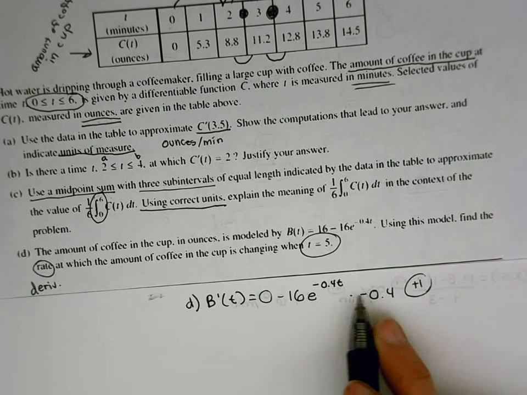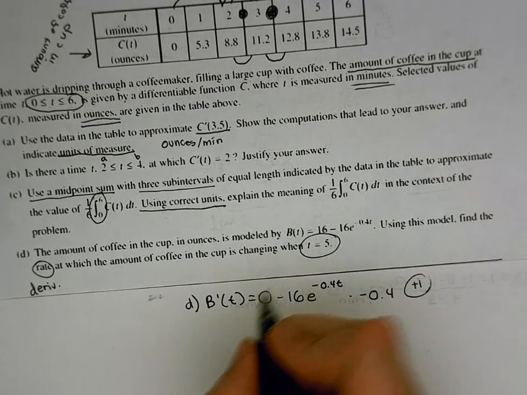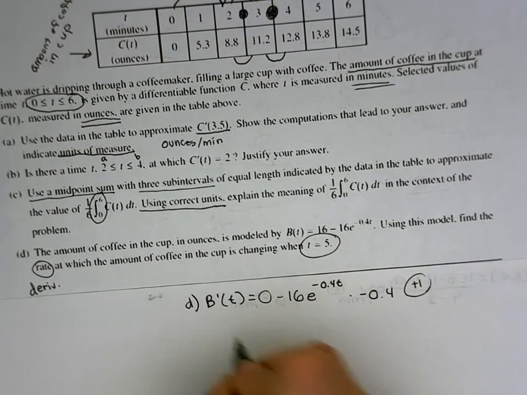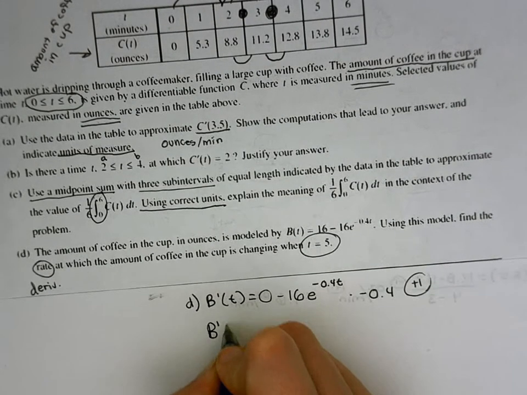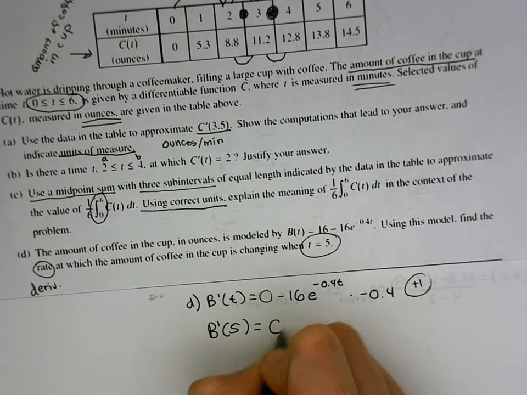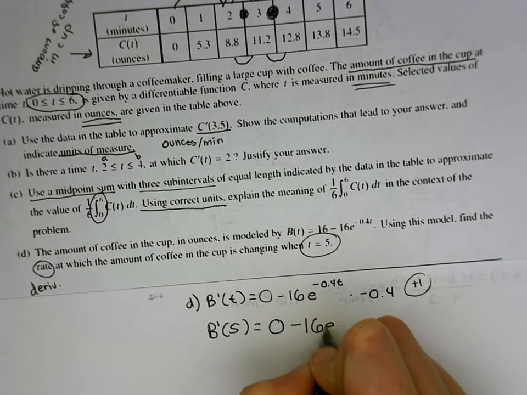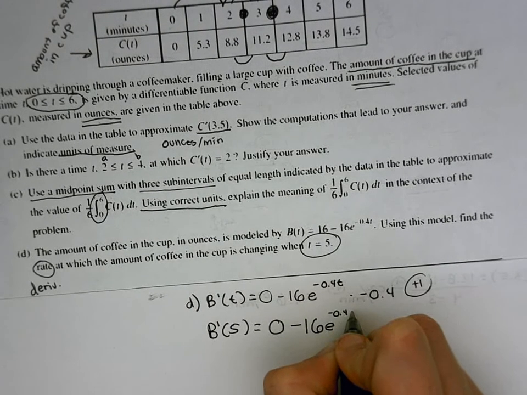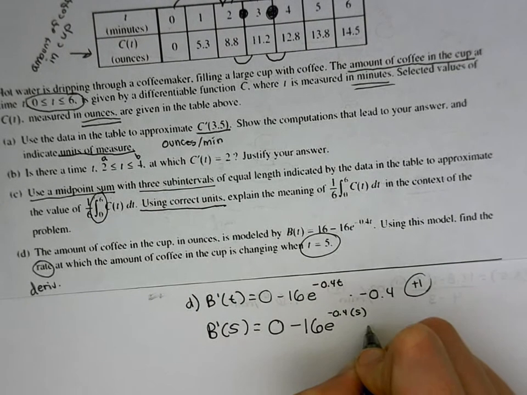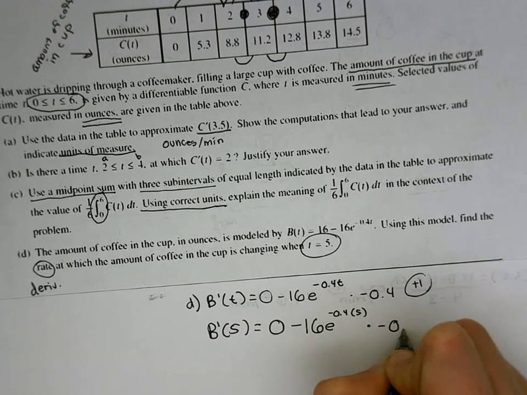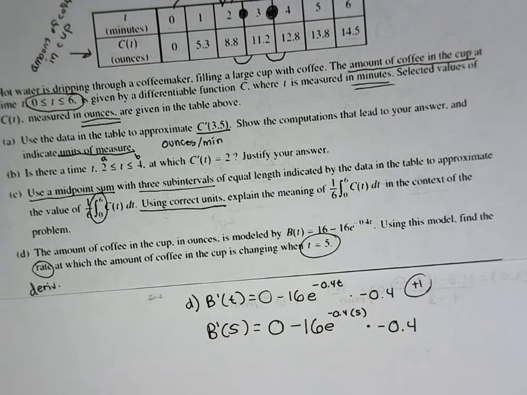Like you can simplify this if you want, but you don't have to. And then your second point would have been finding that derivative at 5. 0 minus 16 e to the negative 0.4 times 5 times negative 0.4. And that would have been your second point.